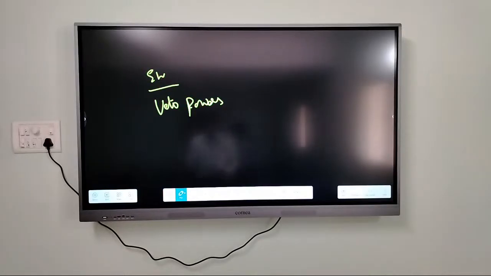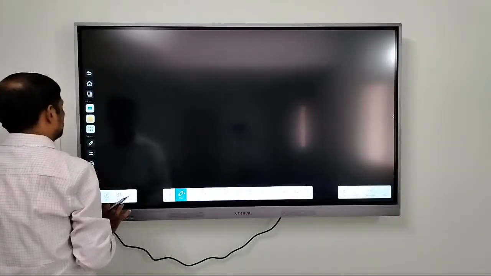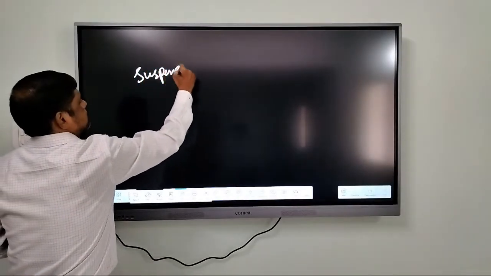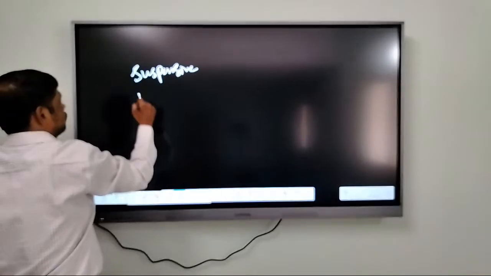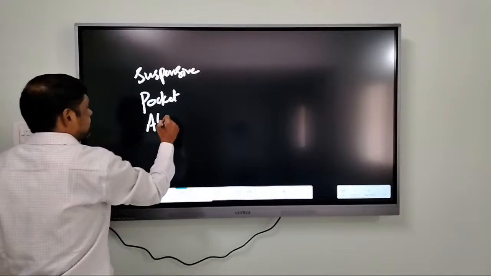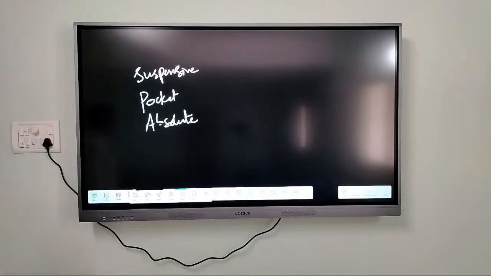That is, we have discussed the suspensive veto powers, pocket veto powers and absolute veto power. Alright. So we have completed all the veto powers of President of India.